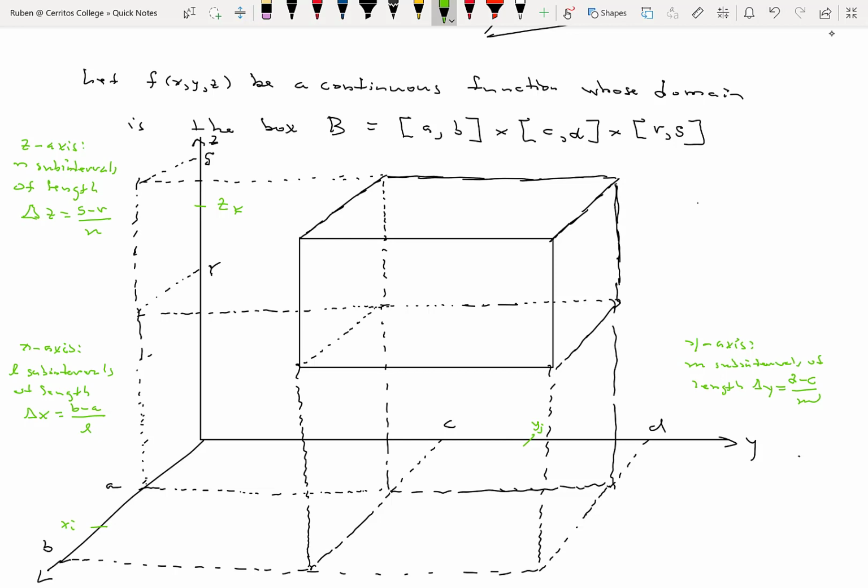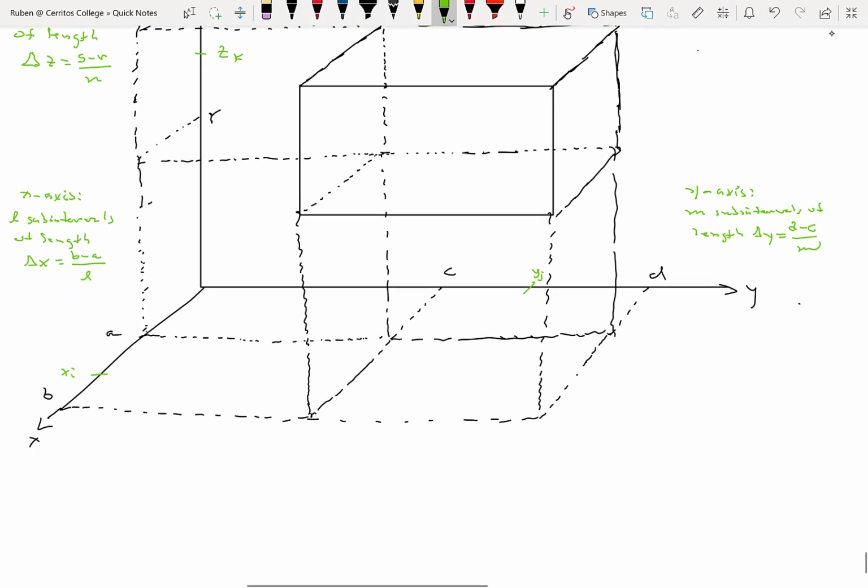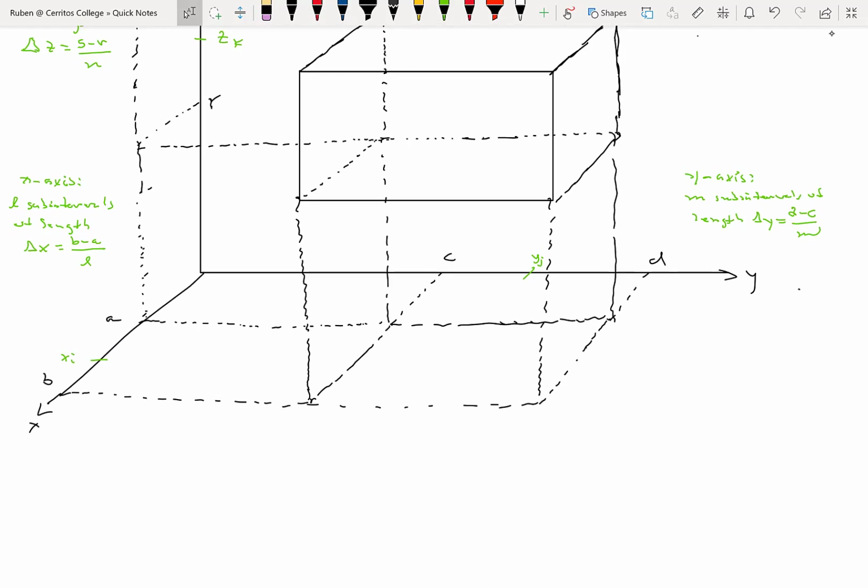Okay, so what this division of the intervals AB, CD, and RS does is divide up the box B into a whole bunch, we can talk about how many in a minute or so, a whole bunch of sub boxes. It fills the box B with sub boxes of volume delta x, delta y, and delta z.